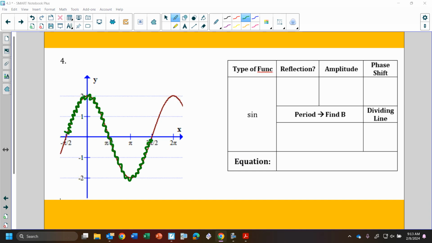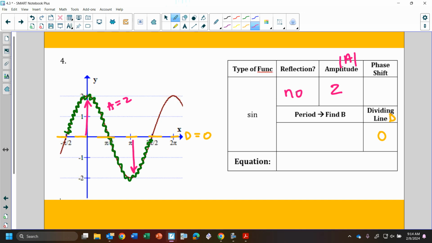What are we getting for our dividing line? What cuts right through the middle here? 0. Good. What about the A, the amplitude? 2. Up 2 and down 2. Did it reflect? Nope. Goes up first like normal.